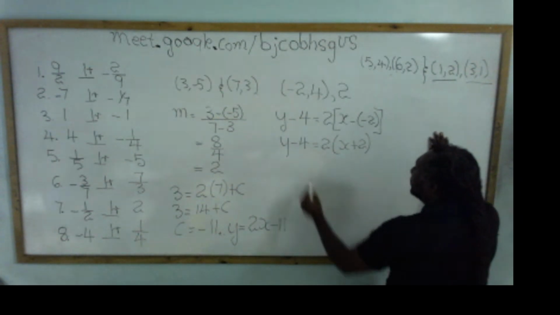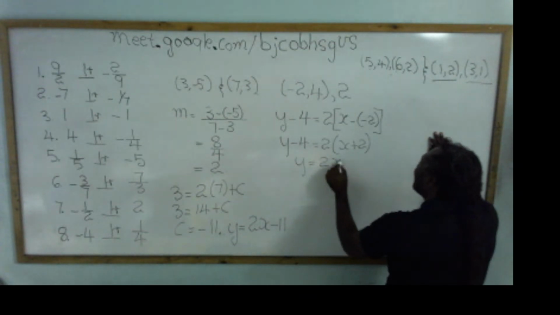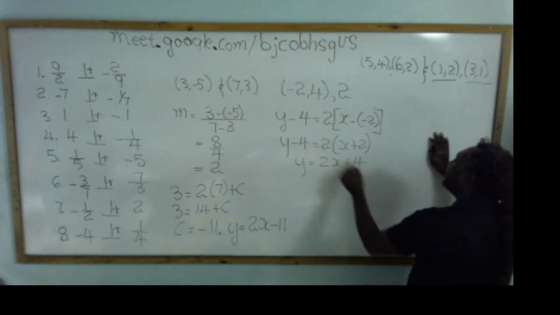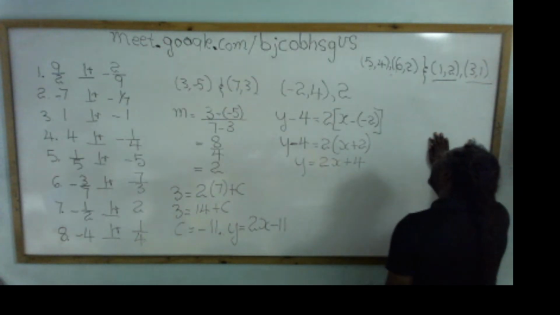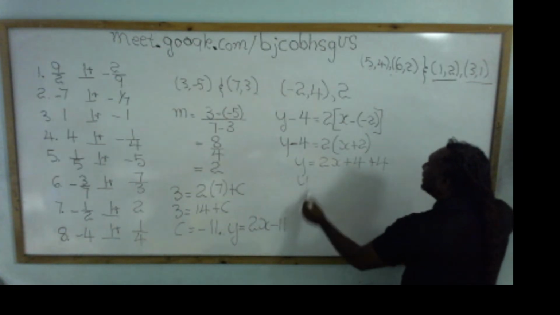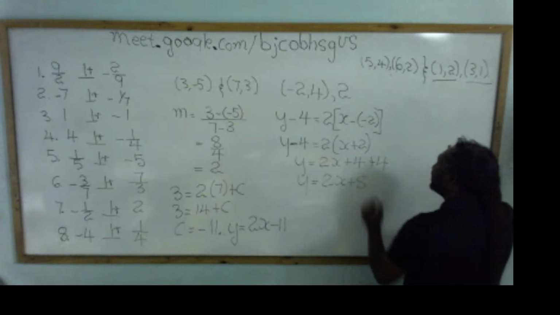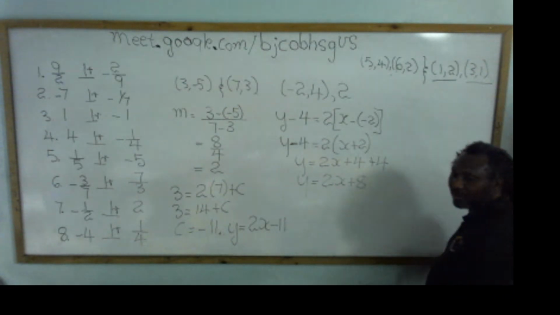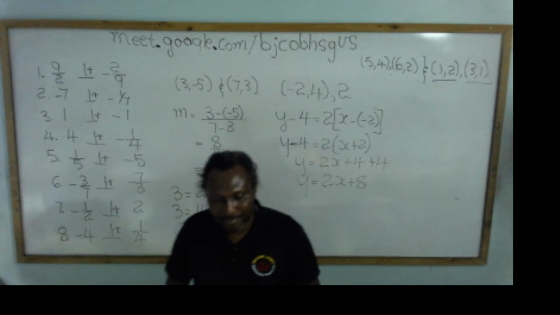So y is equal to 2x plus 4. 2 times 2 is 4. And this 4 we are going to be eliminating by adding 4 plus 4. So y is equal to 2x plus 8. Yes, y is equal to 2x plus 8.